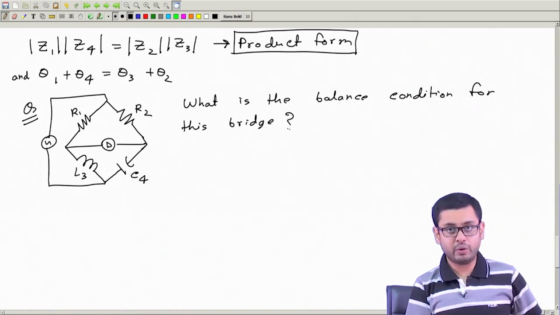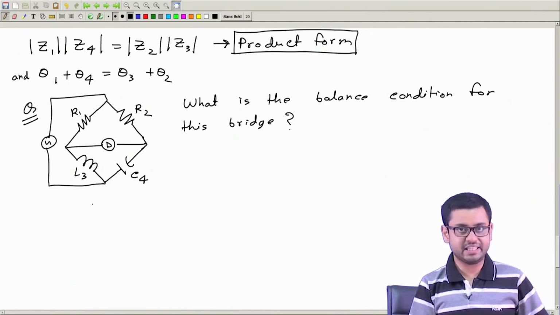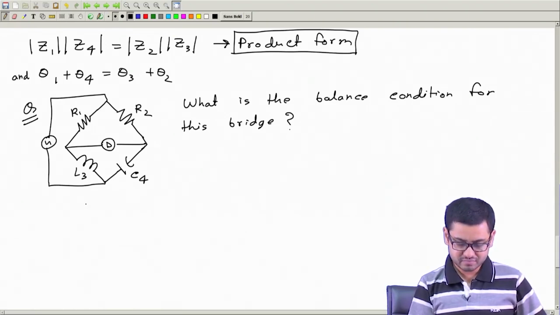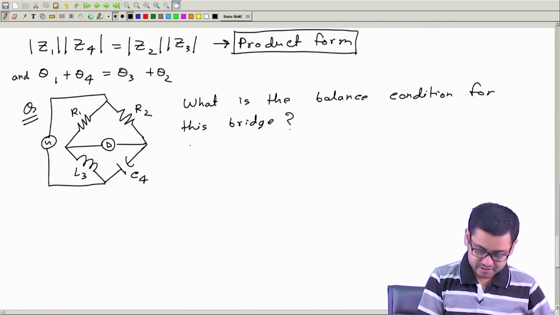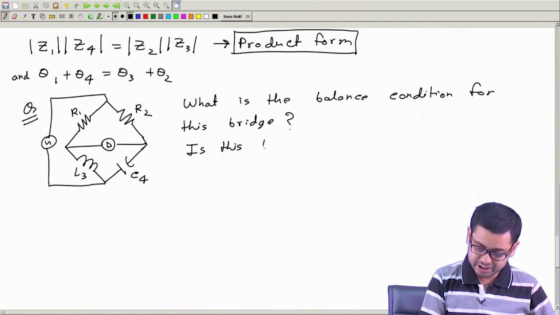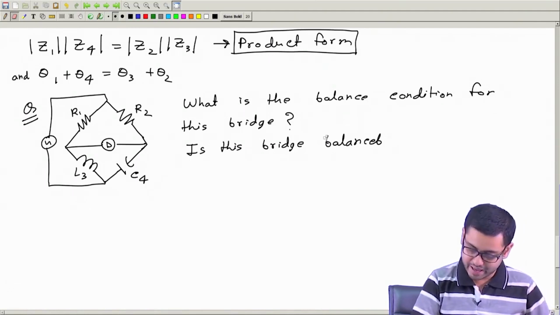You may pause the video at this moment and try to come up with the answer, or I can pose the question in a different way. Is this bridge balanceable at all? I mean, can this bridge be balanced?